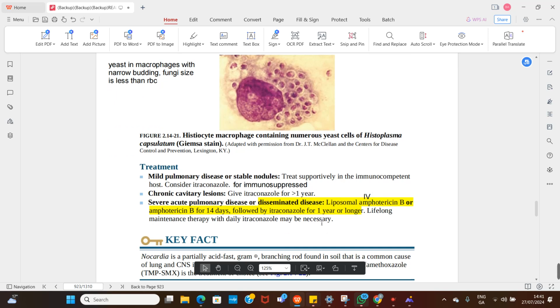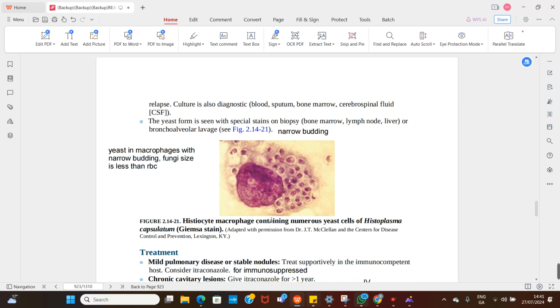Good. If all you are seeing is just nodules, the person is not symptomatic, or a mild presentation, you ask yourself, is this person immunocompetent or not? You already know that the problem in histoplasmosis is that most of the time they are immunosuppressed, and that's when they start having all these problems.